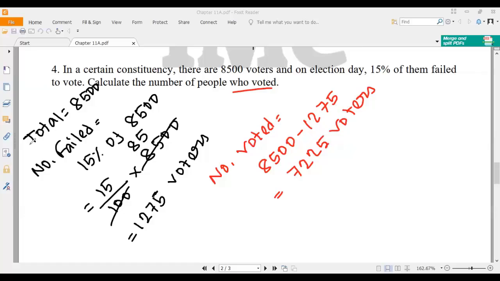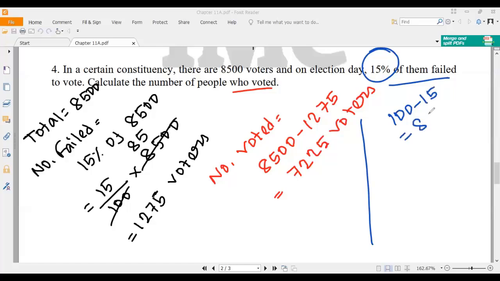We can solve this one in another way. Here 15% of them failed, so what percentage of the people actually voted? That will be 100 minus 15, 85% of people actually voted.